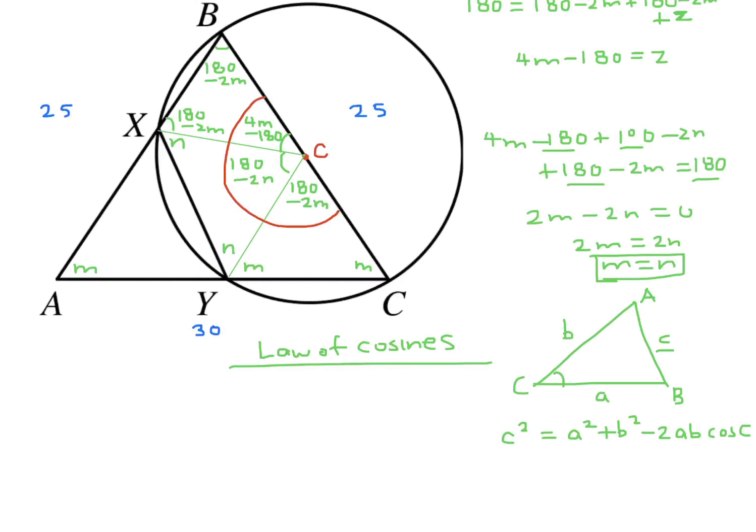And the angle that we're going to focus on is this one right here. So we've got 25 squared, this guy right here, is equal to 25 squared here, plus 30 squared, right there, minus 2 times 25 times 30 cos of m, because we have an angle m.